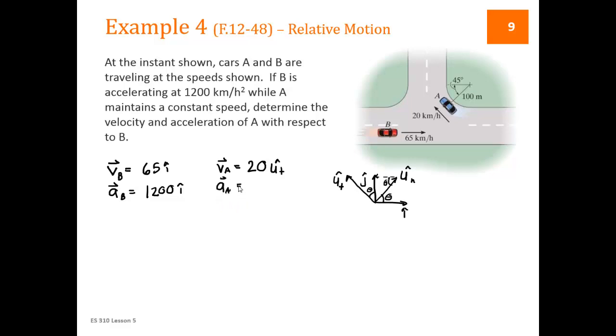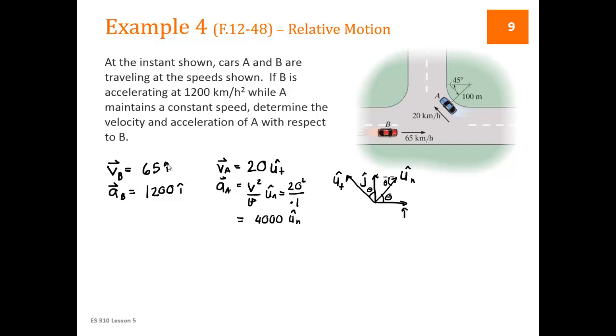It's a constant speed, so there's no tangential component, and the normal component is v squared over rho. Well, v is given as 20, so that's 20 squared over 100 meters. The 20 was in kilometers, so this is going to be 0.1. So AA is 4,000 in the normal direction.